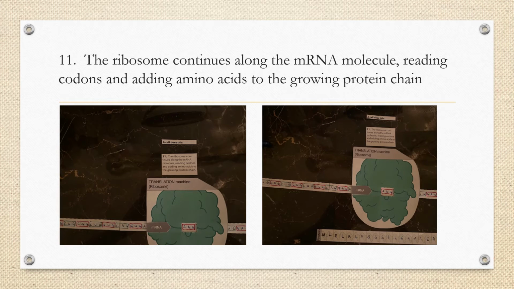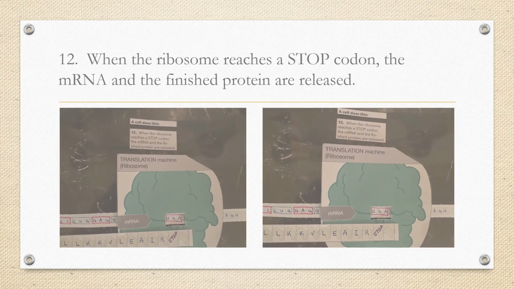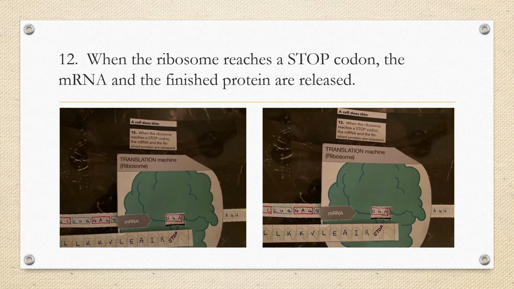The ribosome continues along the mRNA molecule, reading codons and adding amino acids to the growing protein chain. When the ribosome reaches a stop codon, the mRNA and the finished protein are released. You can see in the picture here the code UGA. It means stop. So your protein is finished.